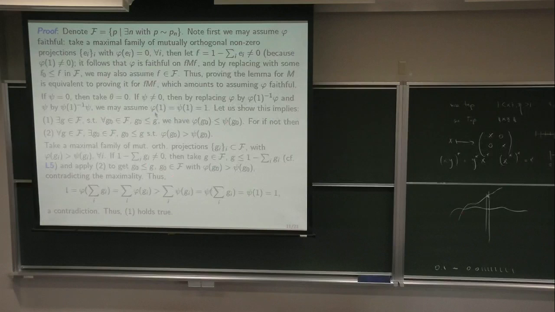Thus, the sum must be 1. So 1 is equal to the sum of phi of gi, because phi is completely additive. This is larger than the sum of psi of gi, which is psi of 1, which is 1, and it's a contradiction. So 1 holds true.